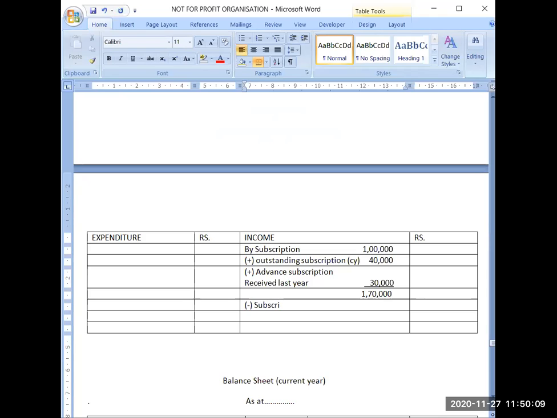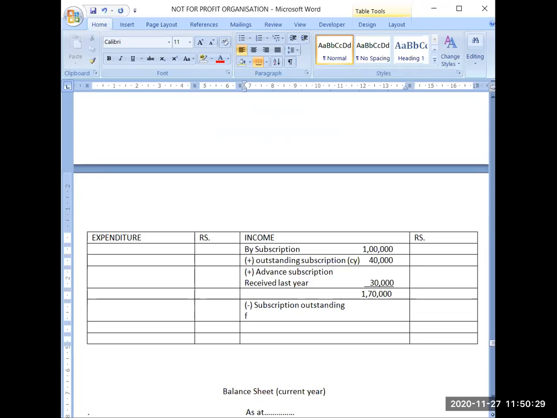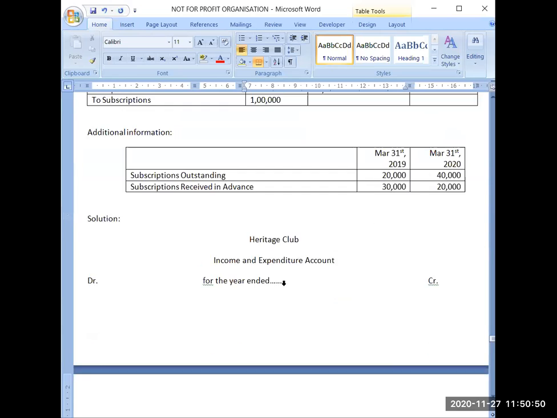Subscription outstanding on 31st March 2019, and the last year's it was 20,000.